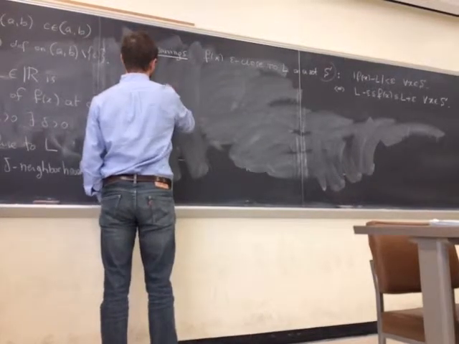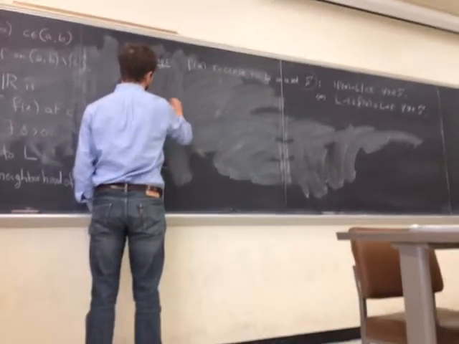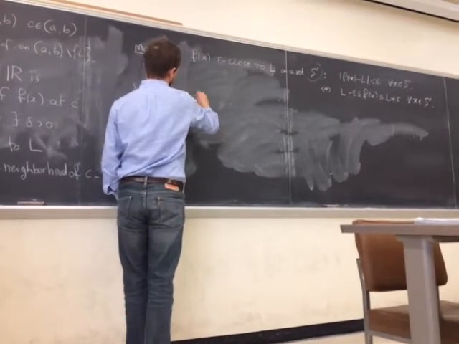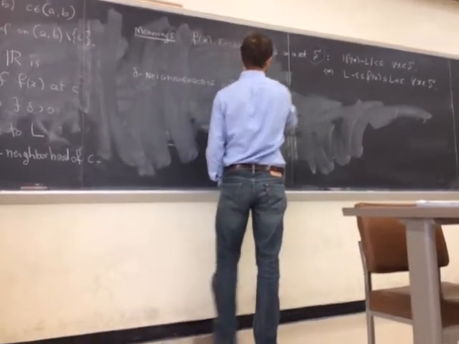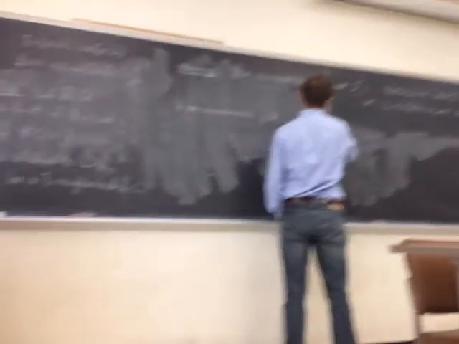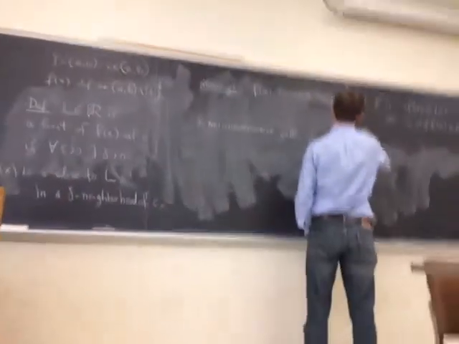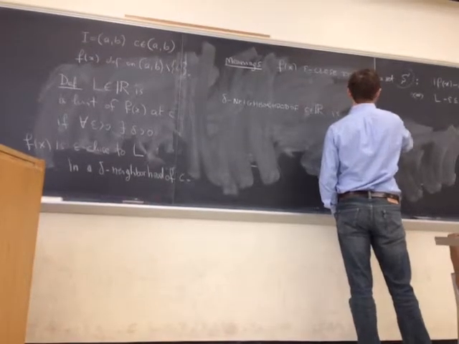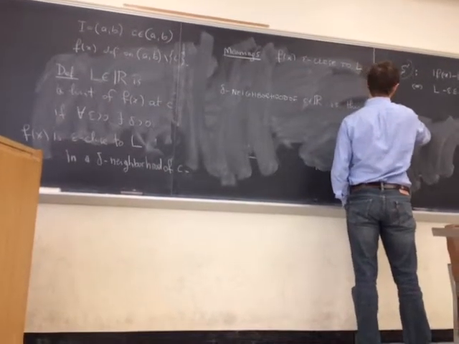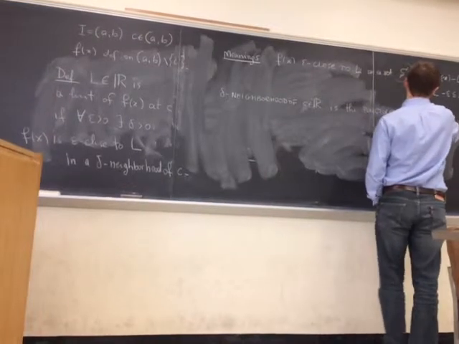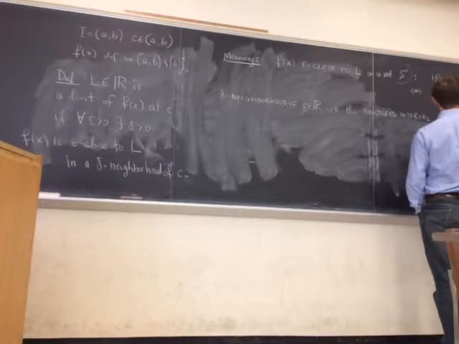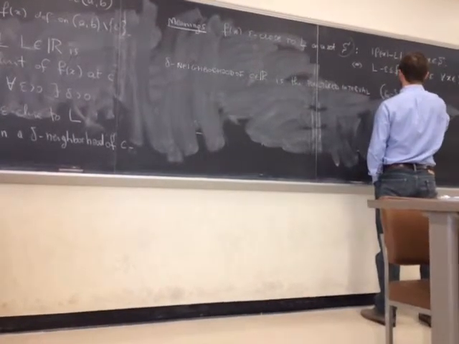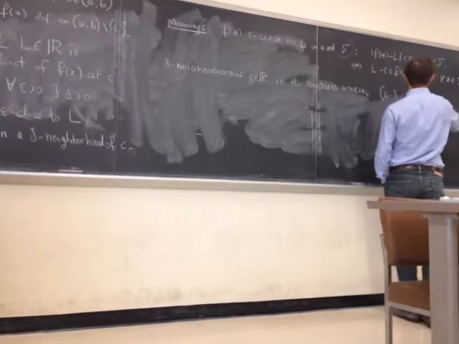A delta neighborhood of the real number c is the punctured interval (c minus delta, c) union (c, c plus delta).